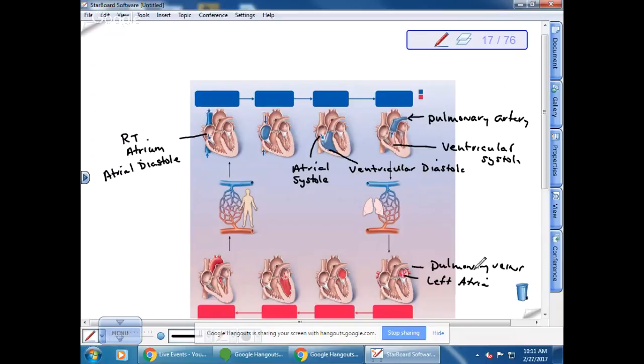Then the left ventricle contracts at the same time that the right ventricle contracts, and it forces blood up and out. This is what is referred to as the aortic arch. Then it branches into the blood vessels that we'll talk about probably next week. So that's the aortic arch.